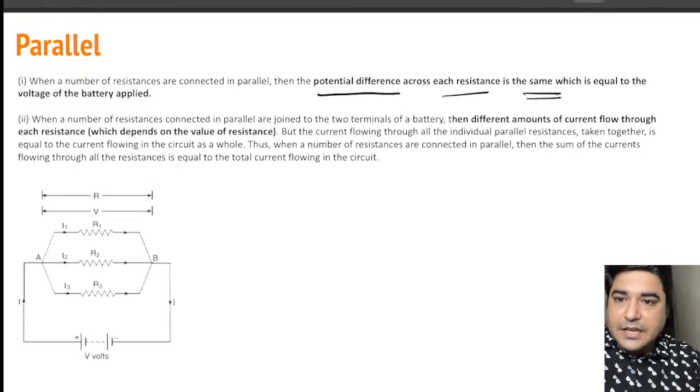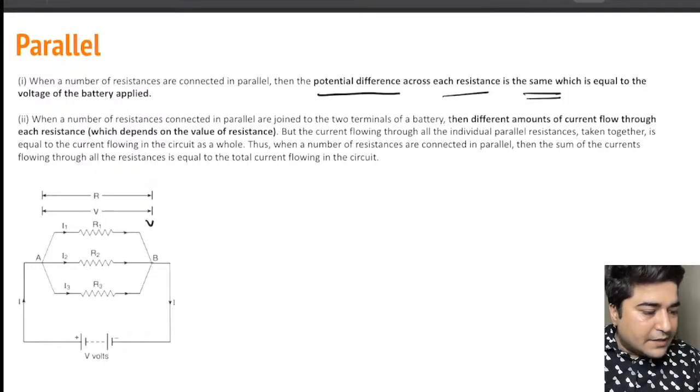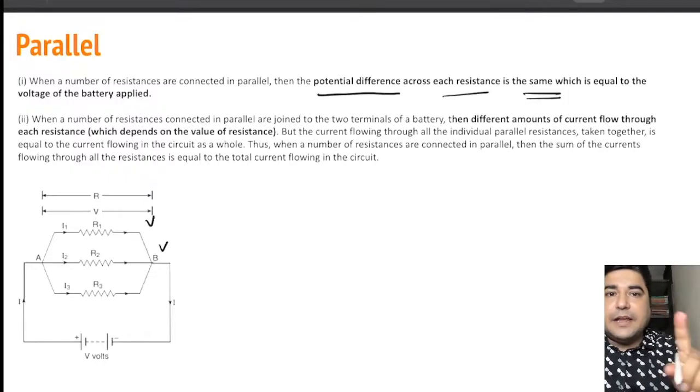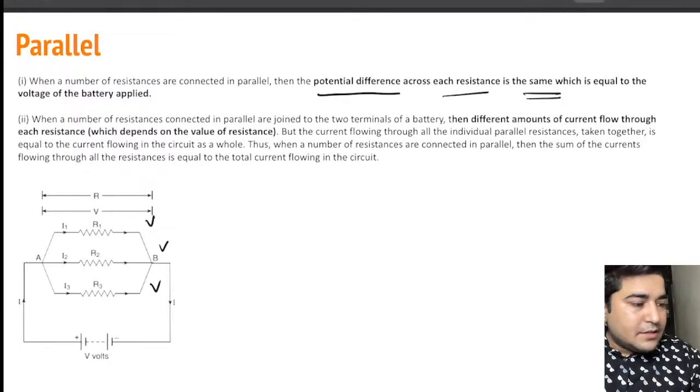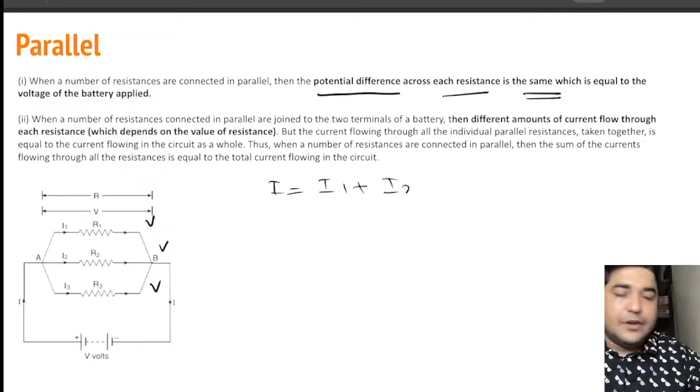You can see in the circuit that V is the same across R1, R2 and R3. The value of current is going to differ. The net current would be equal to the summation of all three currents.